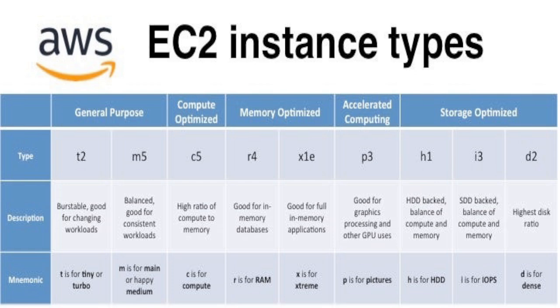For memory optimization, we can choose R4 or X1E. For accelerated computing, P3, and so on. You can review this and change EC2 instance type accordingly. So let's move on to some use case discussion and then we do some practice.